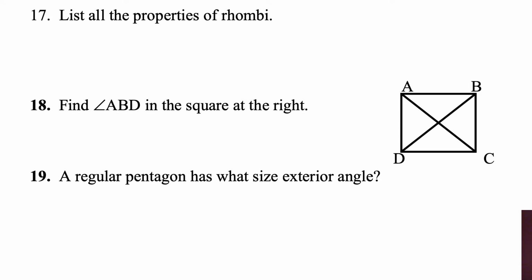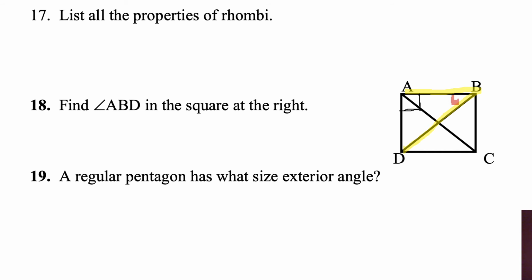Find angle ABD in the square. So to focus on ABD, follow the letters A, B, D. If I had them in a different order, it might be something different, but that's just that little corner right there. If this is a square, that's all you need to know. Squares only do a couple of things. They have big right angles in the corner, and then just like a rhombus, which was one of the parents, it splits that corner in half.